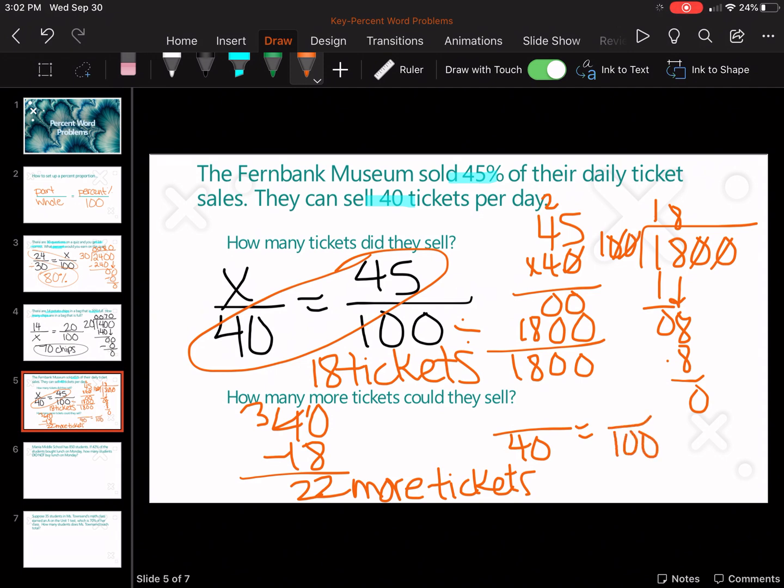So the rest of the percentage, you could think about it, 100 minus 45 is going to give you 55%. So you can cross multiply and divide, and you're still going to get 22 more tickets.